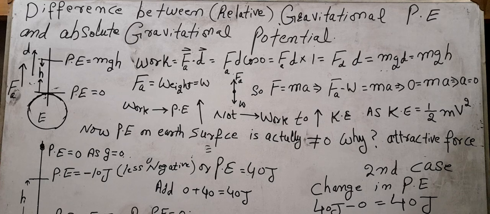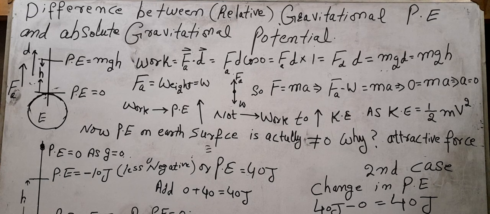So the net force on the body is zero. Now we must know that potential energy on the surface of the earth is actually not equal to zero. Why? Because when there are attractive forces between different things, for example, the force of attraction between the earth and the mass of a certain body which is lying on the surface, it means that this body is under the influence of the earth.